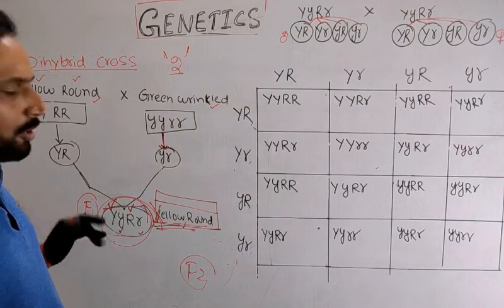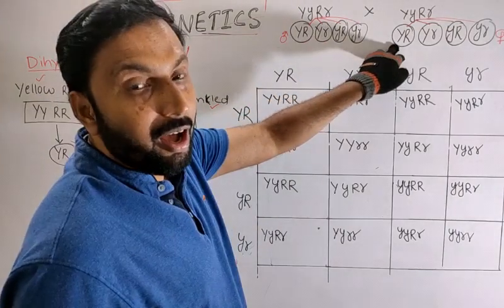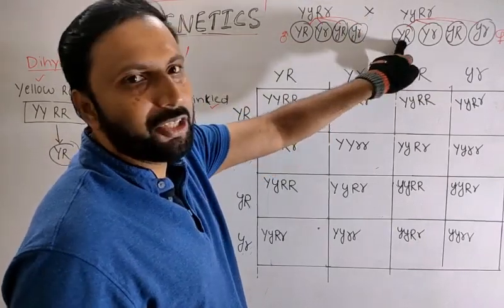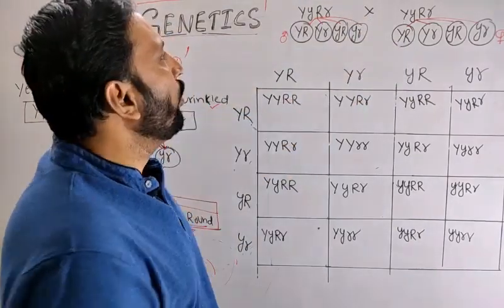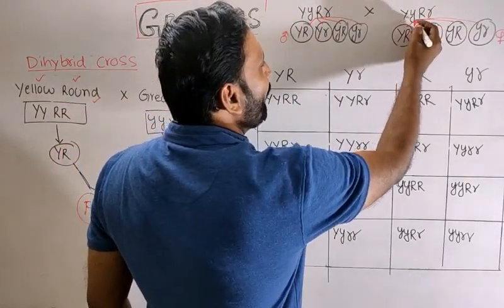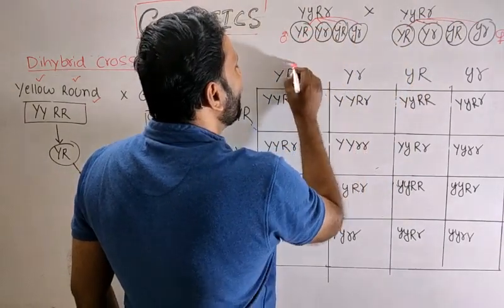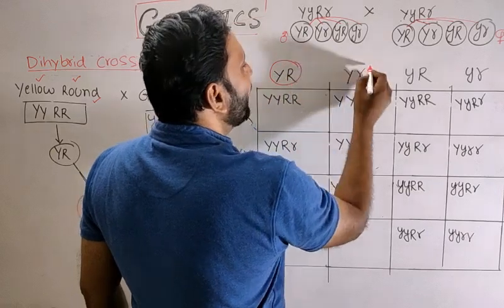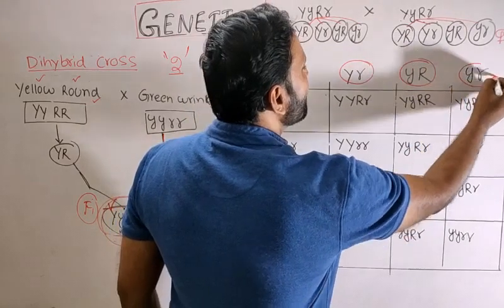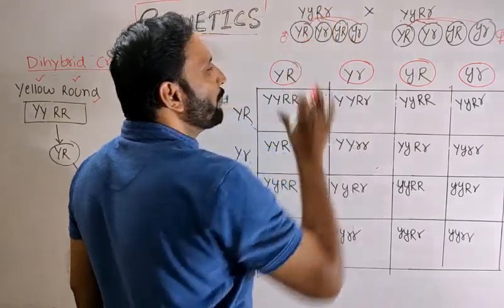It is not an artificial cross, it is a self-pollination between F1 hybrids. So this plant is capital Y, small y, capital R, small r. Here the gametes, when you observe: capital Y capital R, capital Y small r, small y capital R, small y small r. So these are the four types of gametes from this parent.